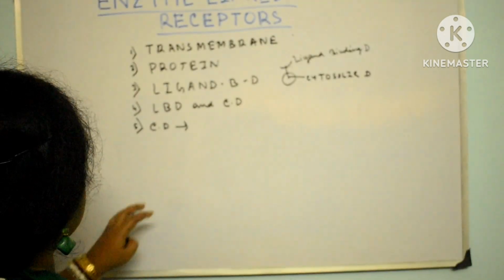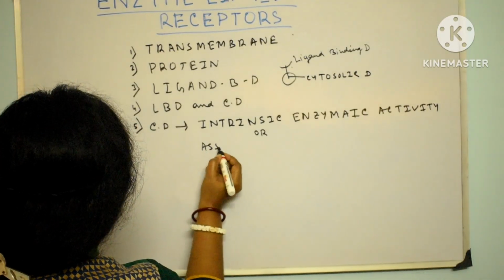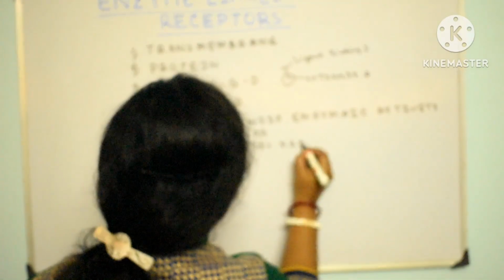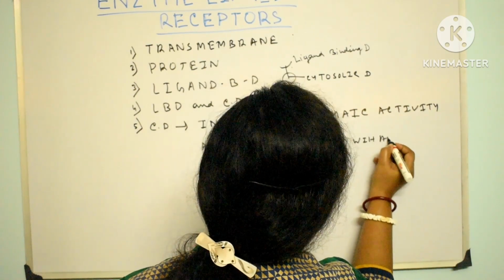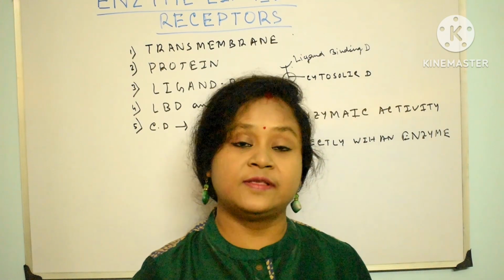This cytosolic domain has an intrinsic enzymatic activity or associates directly with an enzyme. In case of GPCR, what have we seen?